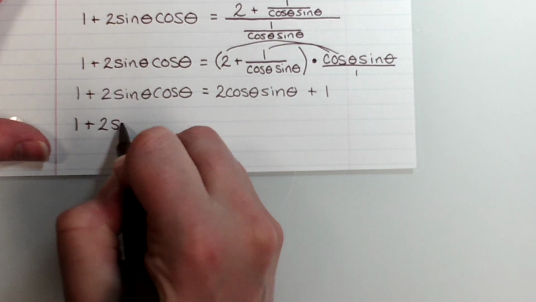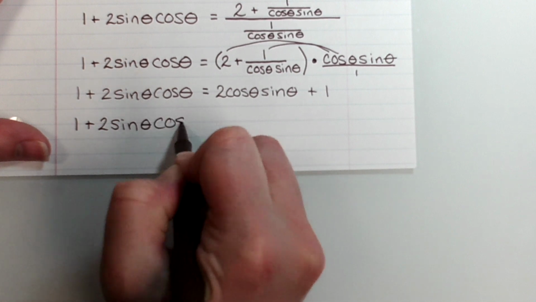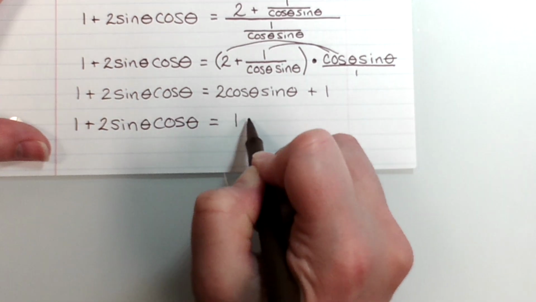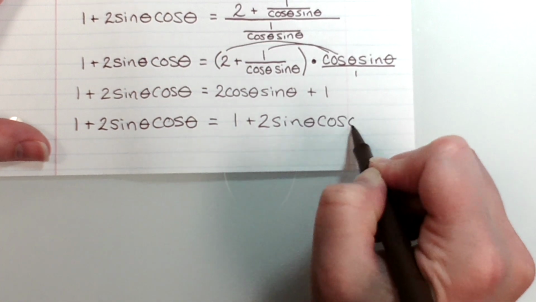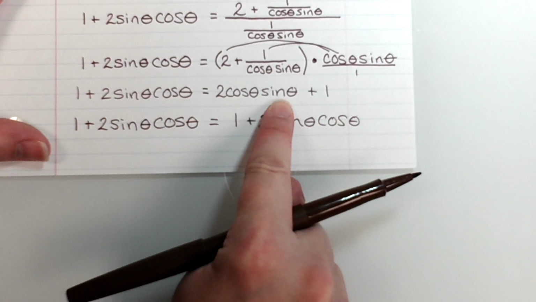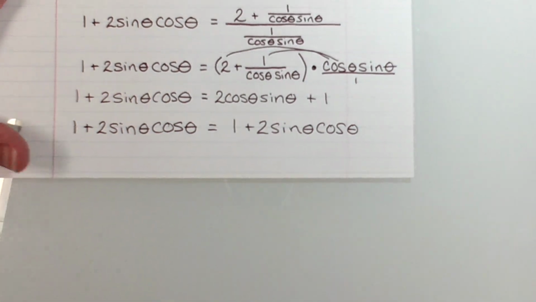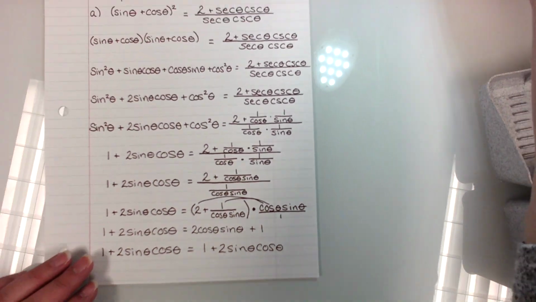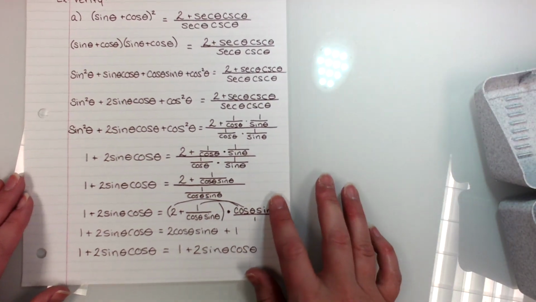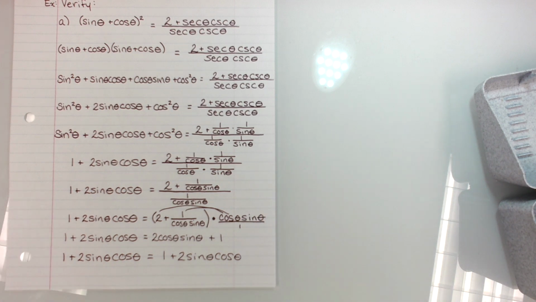You just got to get them the same. I can flip around this multiplication. I can flip around the addition. Okay. Now, this is our problem from start to finish.